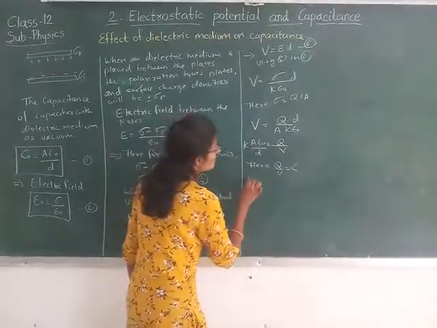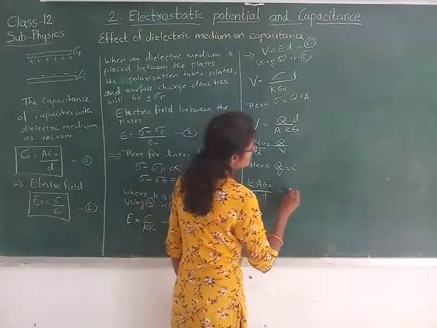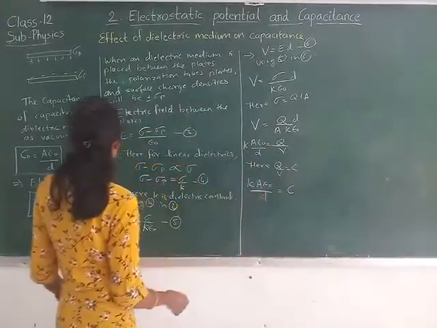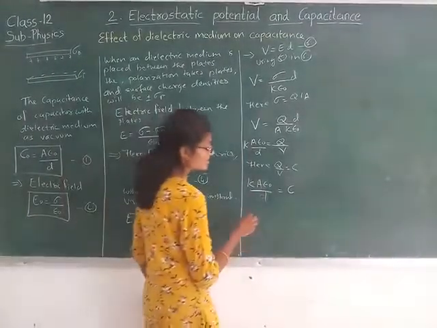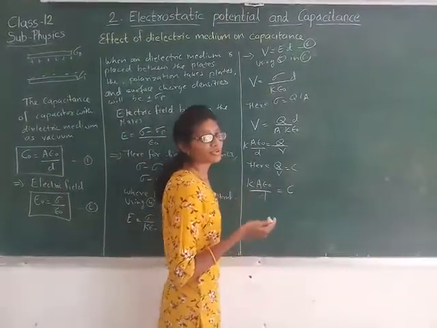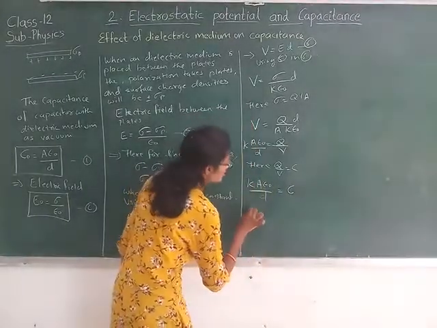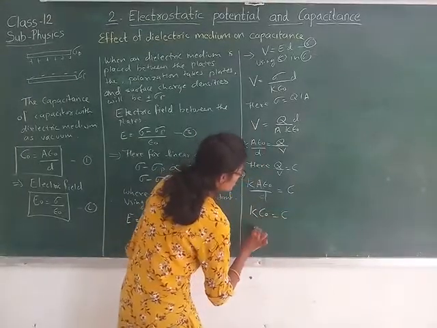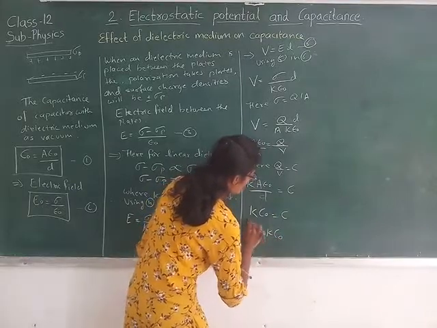So K epsilon 0 A by D equals C. Here A epsilon 0 by D is the capacitance C0, which is the capacitance of the capacitor when there is vacuum between the two plates. So KC0 equals C, so we can write C equals KC0, right?